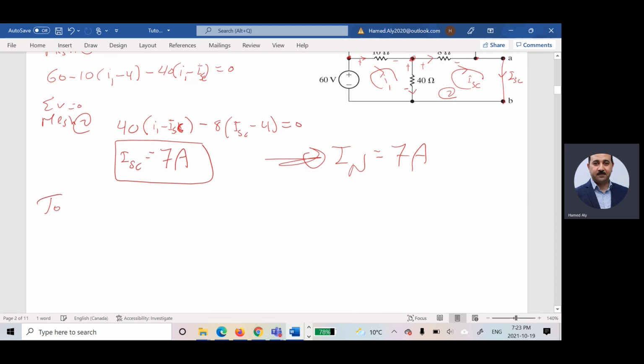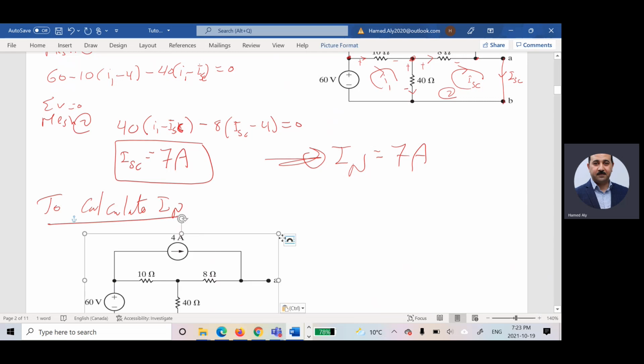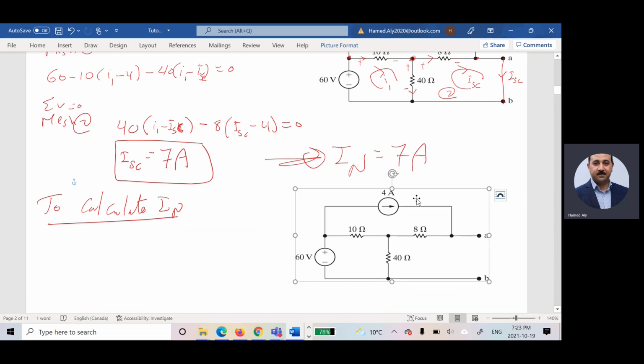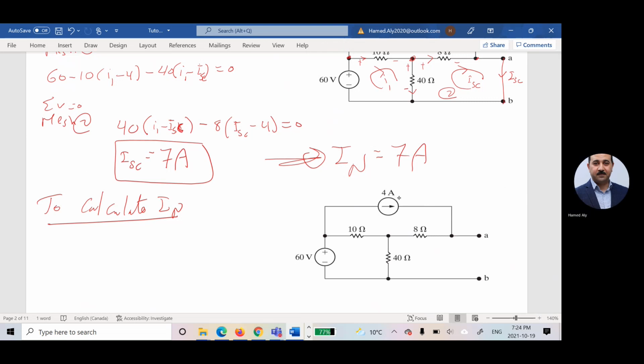So to calculate R Norton, I can put this circuit here again. For R Norton, what should I do? What should I do with this? Open this circuit. What should I do with this? Short circuit.